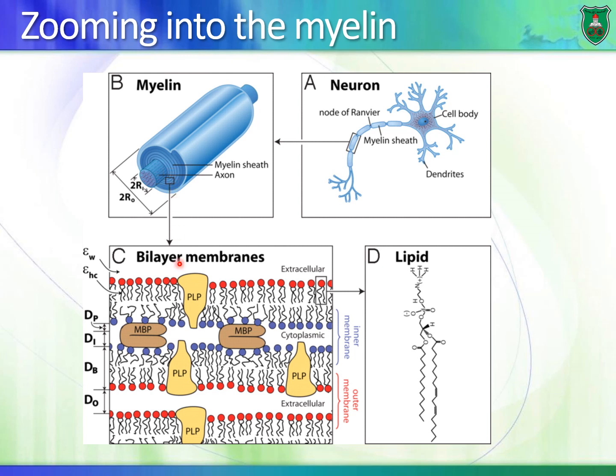Zoom in further, and you will find that you have layers of the bilayer sheath, and inside these layers there are these sphingomyelins right here, and you have myelin binding proteins and whatever. So you look at one of these, that's how it looks. Okay, so that's the sphingomyelin right here.